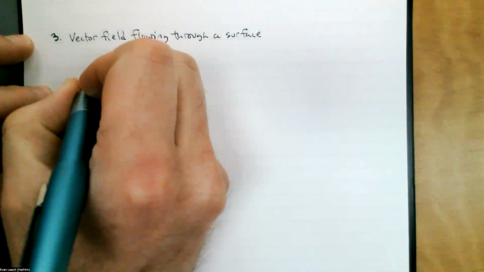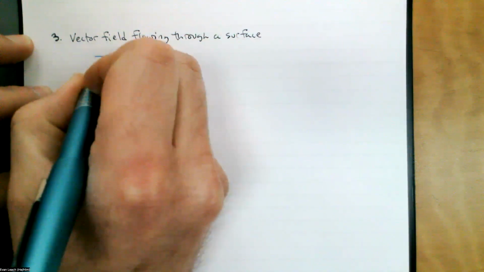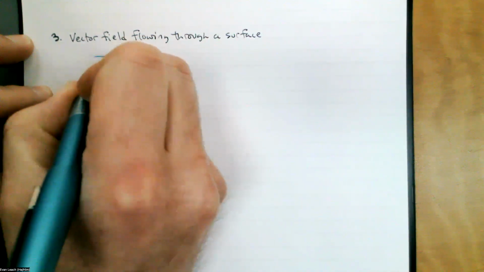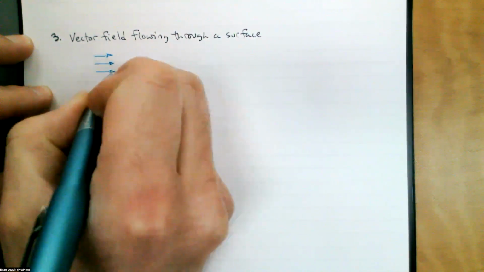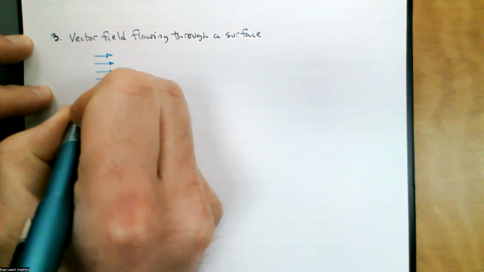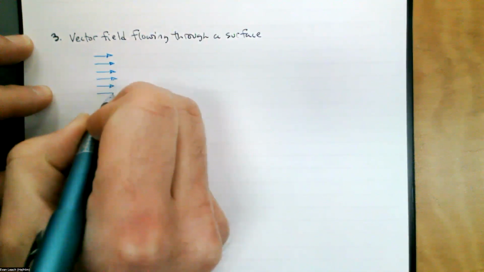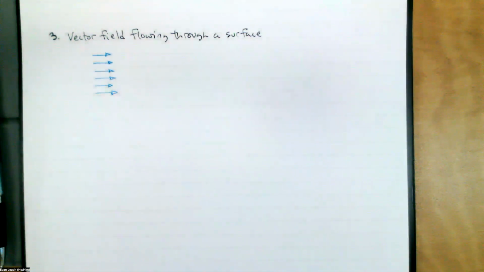So maybe our vector field is just water flowing through a pipe like this. It's all nice and even. And we put a filter in, something that the water is going to flow through, and we're going to measure that stuff.